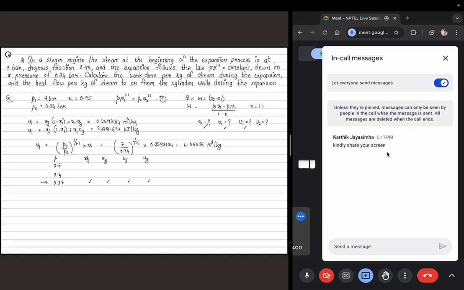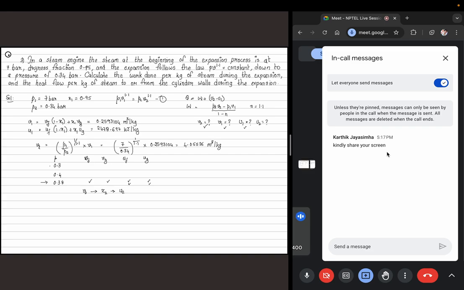This is for the first step. The next step is, once you do this, you know the actual value of specific volume here. So when you use the actual volume of V2, from there you get the vapor fraction. And once you get the vapor fraction, you use these values of Uf and Ug and from there you calculate the value of U. I hope this is clear.